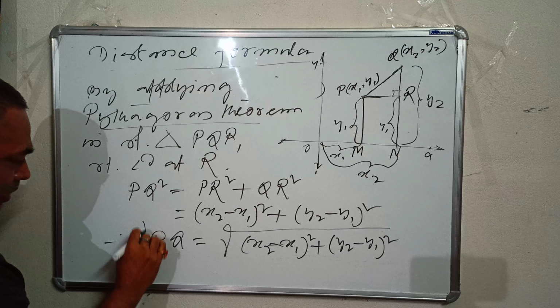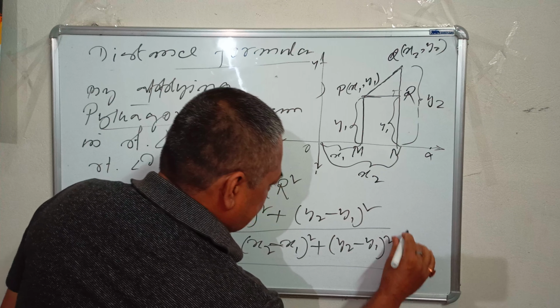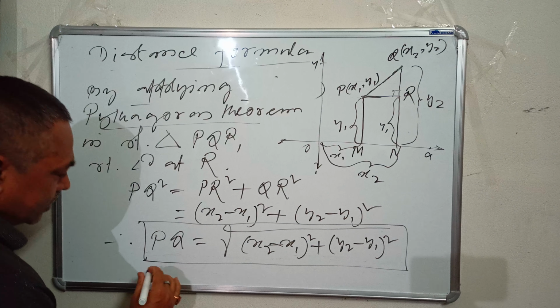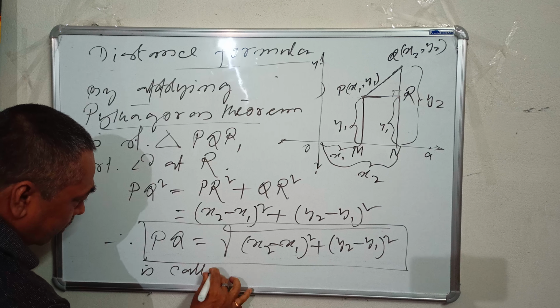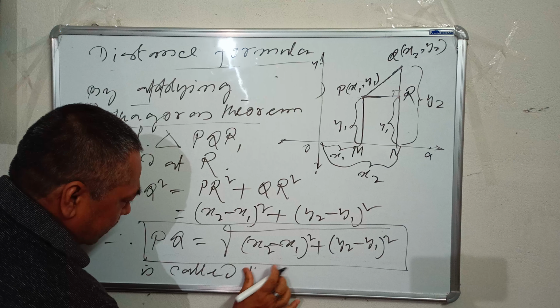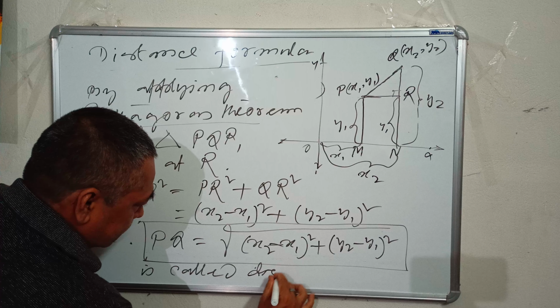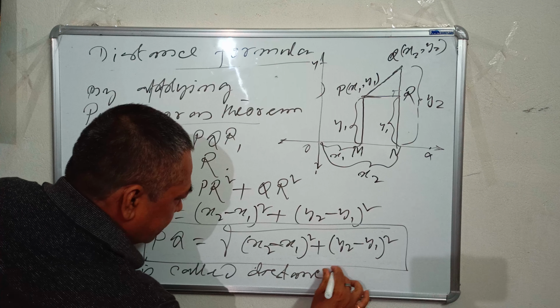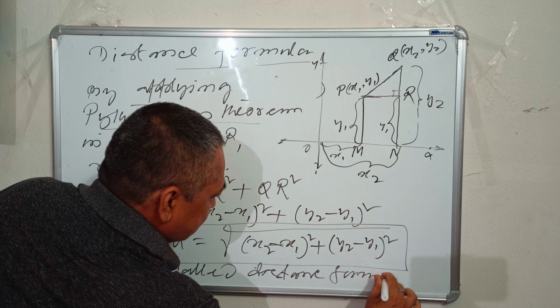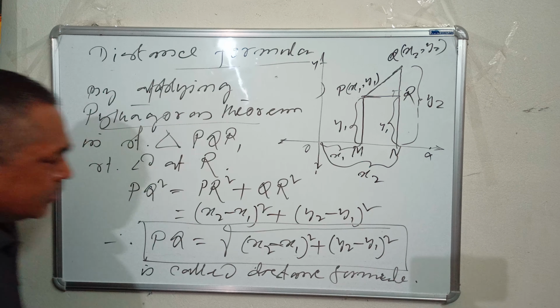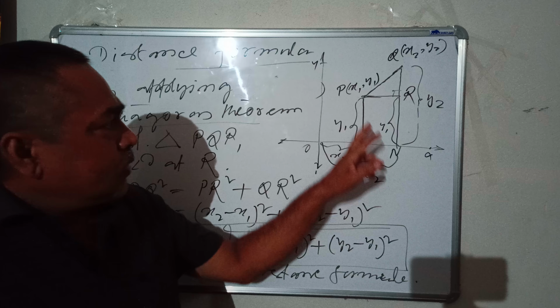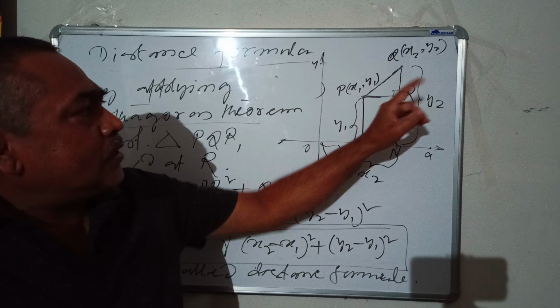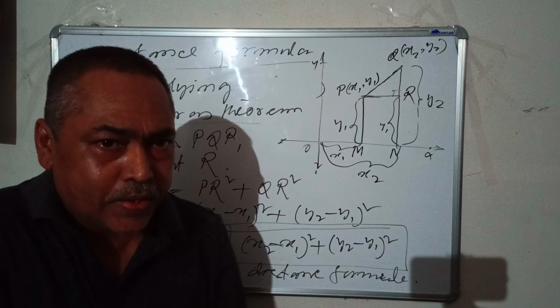Okay, so what you are getting here is called the distance formula. Again, what is x1, y1, x2, y2? They are the coordinates of any two points.